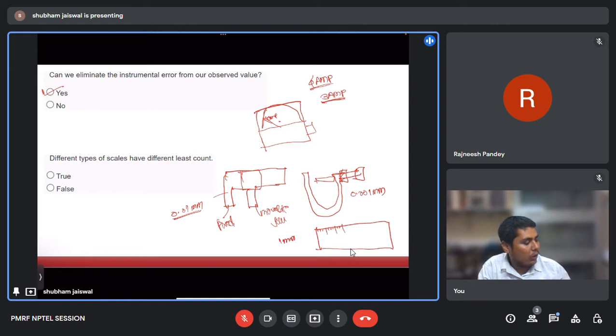From these 3 examples, we observe that different types of scales have different least counts, so this sentence is true. Some different scales can also have the same least count, so we can't say that different types of scales always have different least counts.